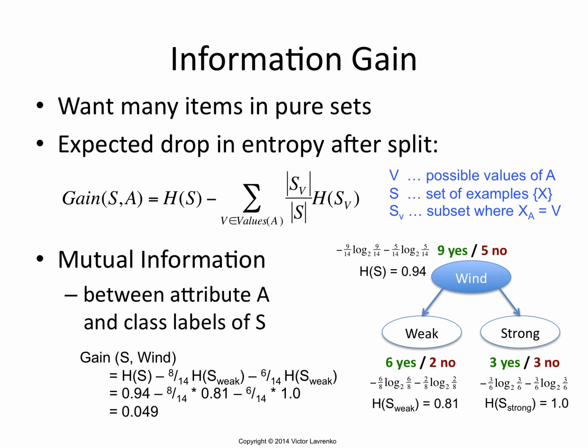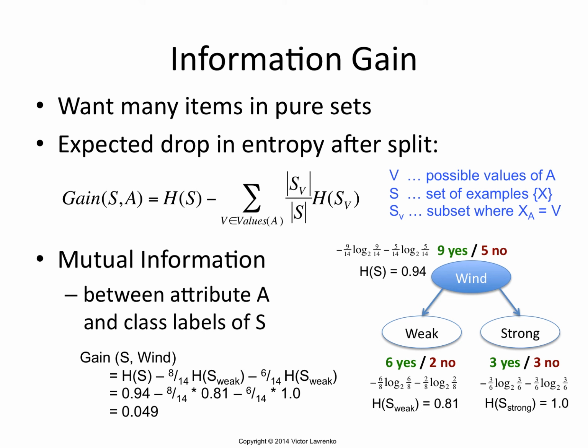gain of the attribute. And the gain is you take the entropy before the split, so that's 0.94, and you subtract from it the entropies of the two subsets after the split, so that's 0.81 and 1.0, and you assign to them the weights according to their size. Right?